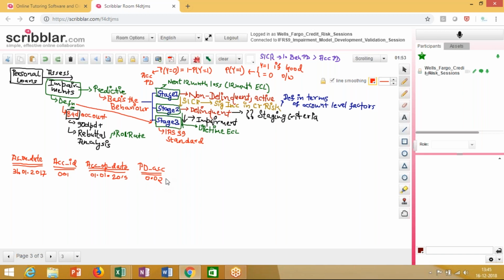It was 0.02%. Now the PD as on date, which is its behavior PD. The behavior PD that has been obtained by running the model as on 31st Jan 2017 is 0.09%.